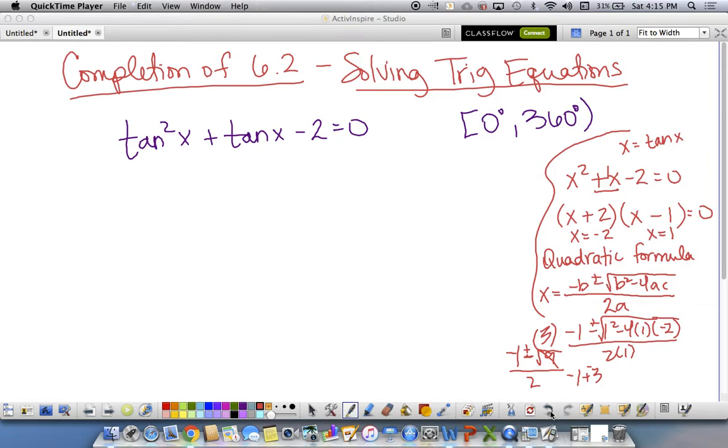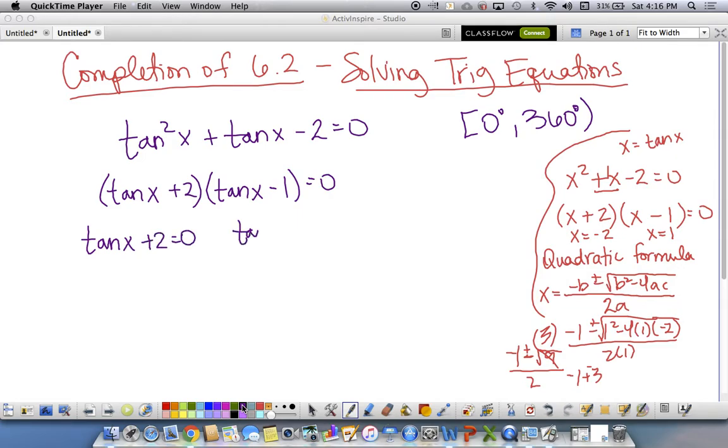So I'm going to go back over here and do my factoring with tangent. Tangent x plus 2 times tangent x minus 1 equals 0. That's where we ended last week. Then we would set each one of these, tan x plus 2 equals 0, and tan x minus 1 equals 0, and we would solve.